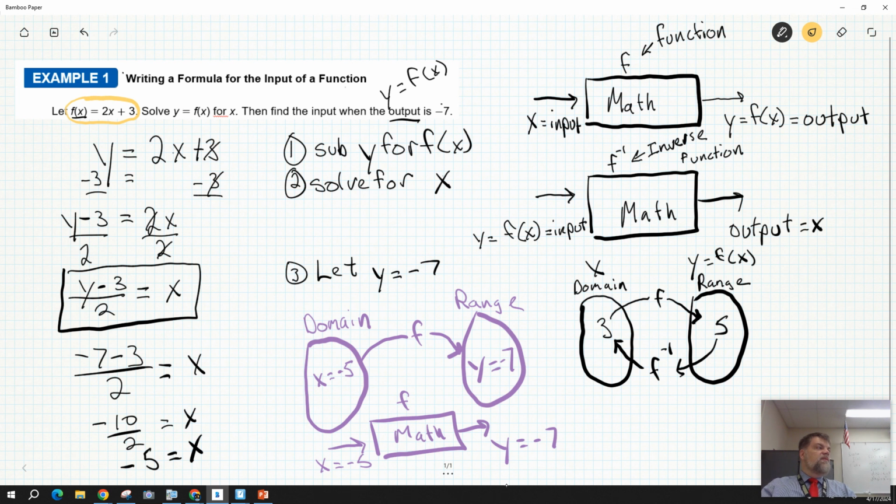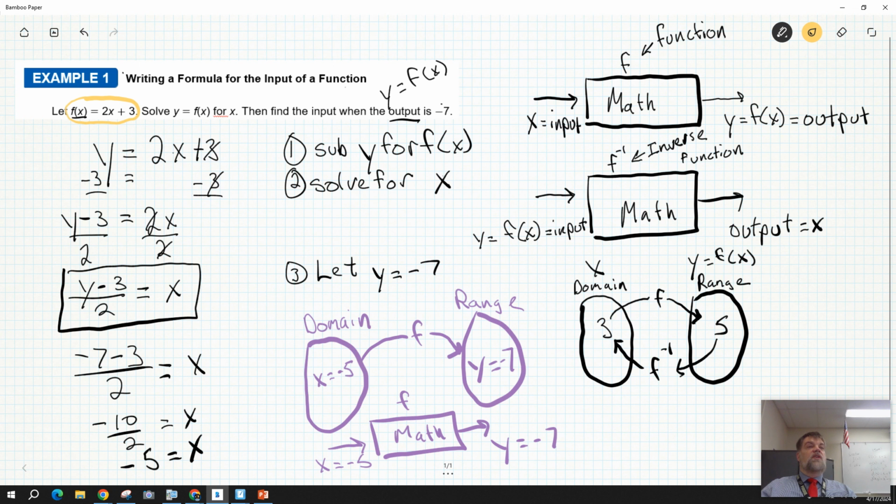What we did is we manipulated that equation by solving for the other variable, and then plugged in the output value, and then determined what the input value should have been, right? Because the relationship is the same. That equal sign kind of binds the left-hand side to the right-hand side. And as long as we solve the equation properly, whatever I do on one side of the equal sign, I have to do on the other.